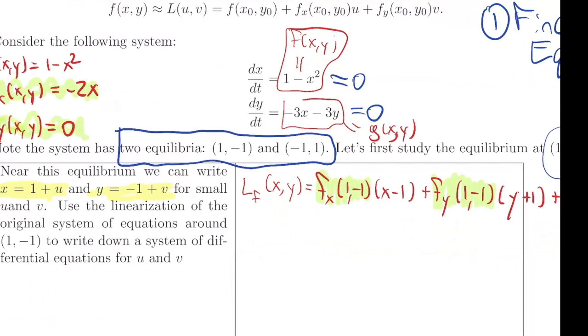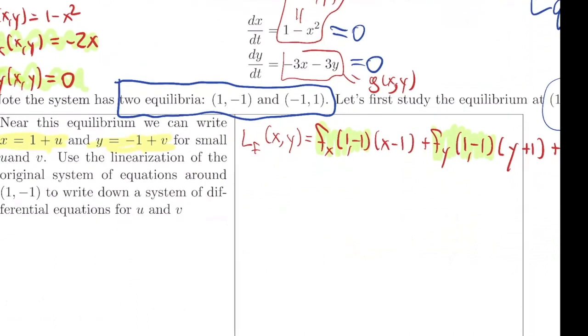So I found formulas for the partial derivatives, and now I evaluate them at the equilibrium. So plugging in x equals 1 into this, I get a partial derivative of minus 2.